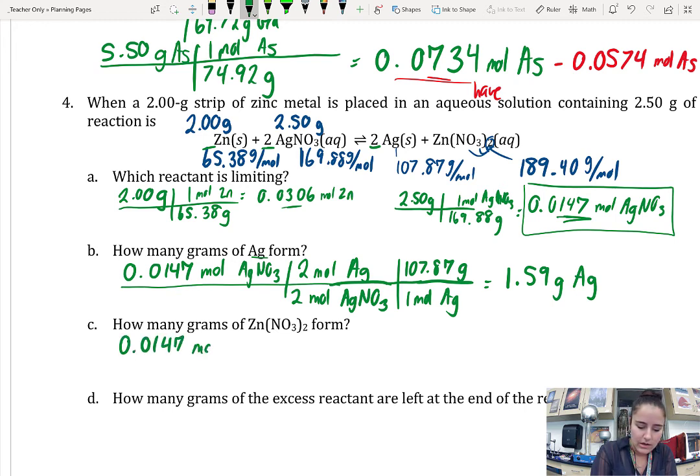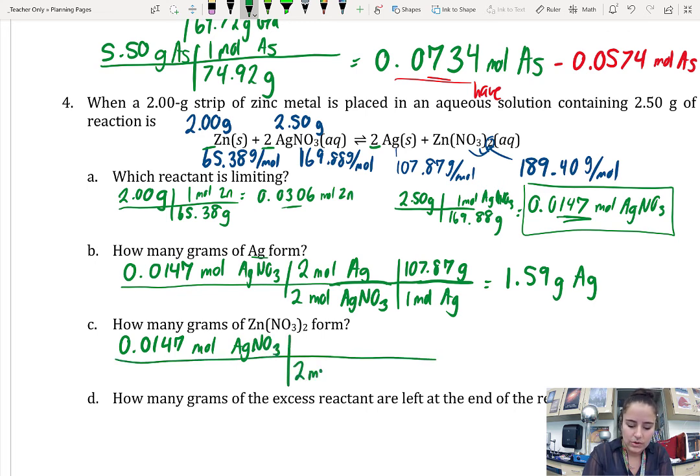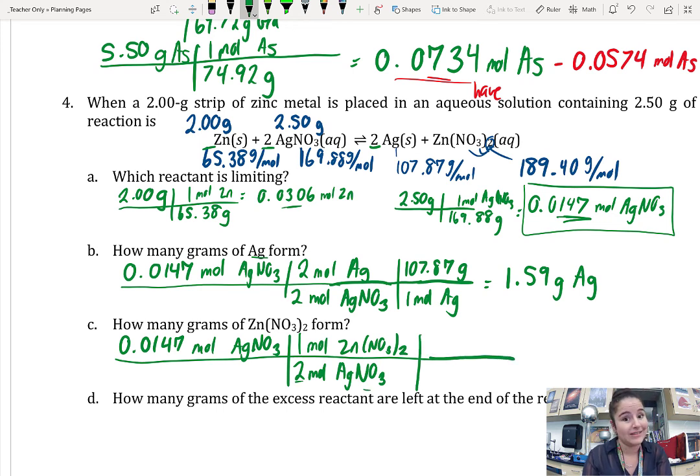Go ahead and do the same thing with the zinc nitrate. 0.0147 moles of our limiting reactant. For every 2 moles of our silver nitrate that react, I get 1 mole of zinc nitrate, which makes sense, 2 nitrates, that's how this works. 1 mole of zinc nitrate has a mass of 189.40 grams.